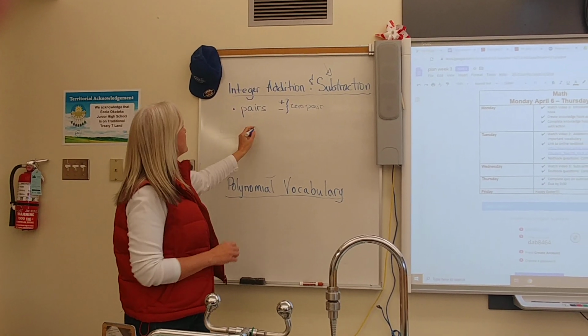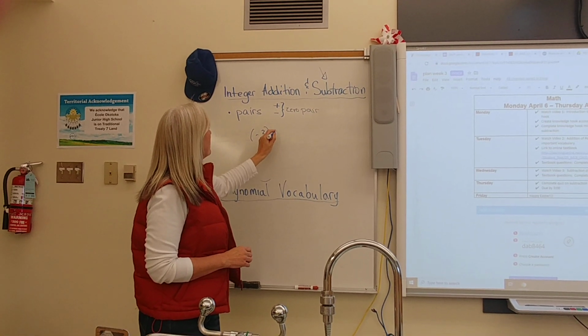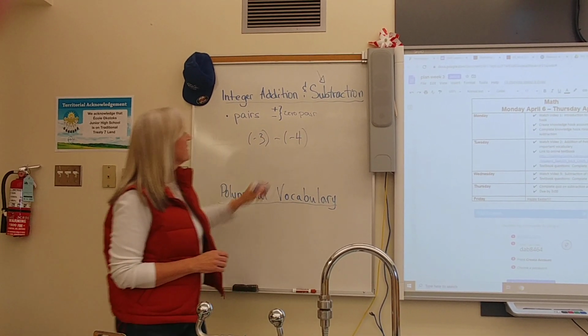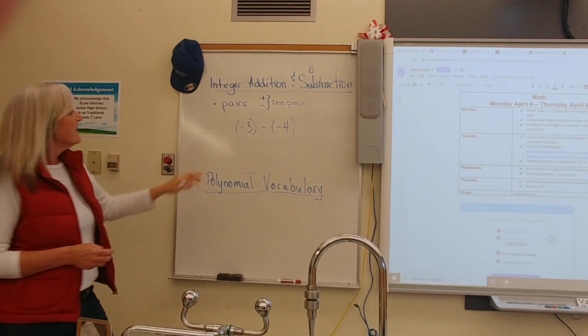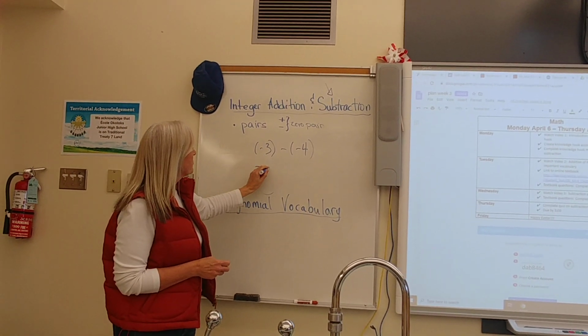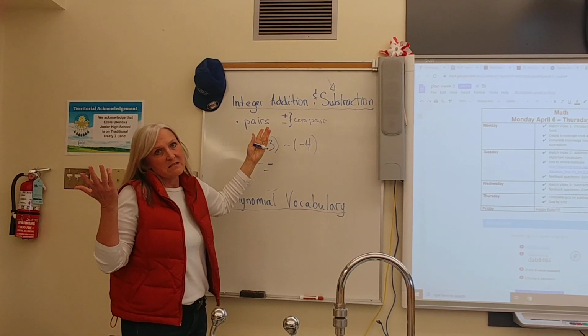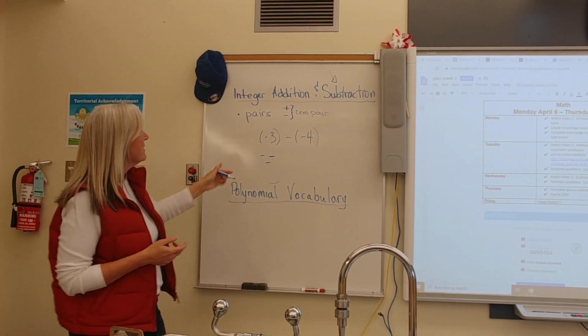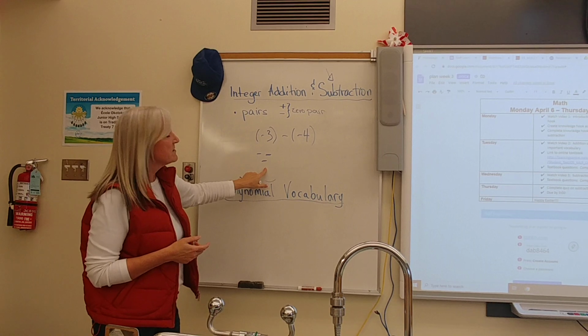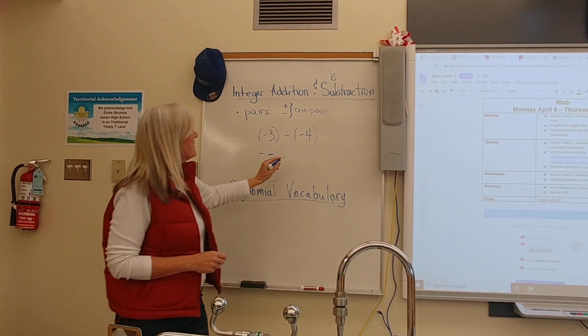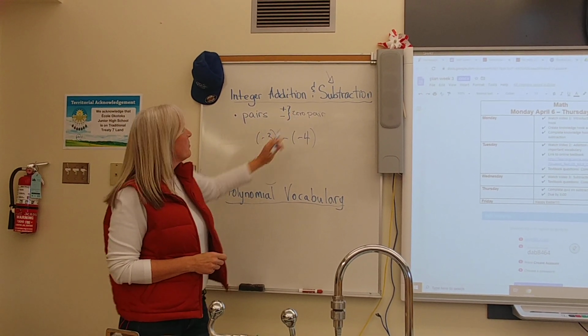There are subtraction questions where we are asked to get rid of something that we don't have. Here, we have negative 3. I'm asked to take away negative 4. I can't. I don't have negative 4 to take away. But I do have some negatives, but I'm one short. This is where our zero pairs are so important.